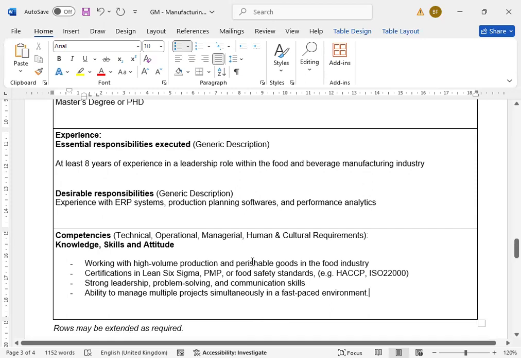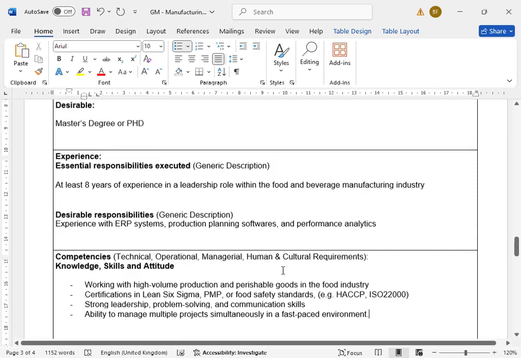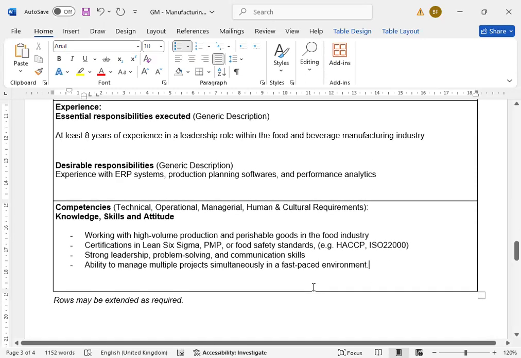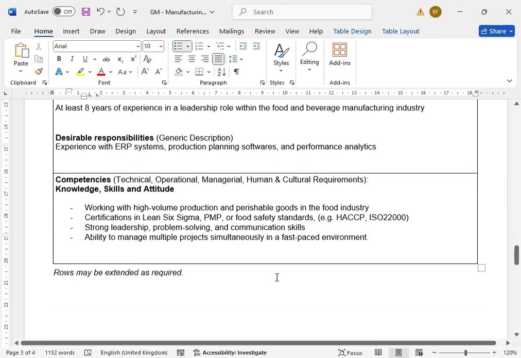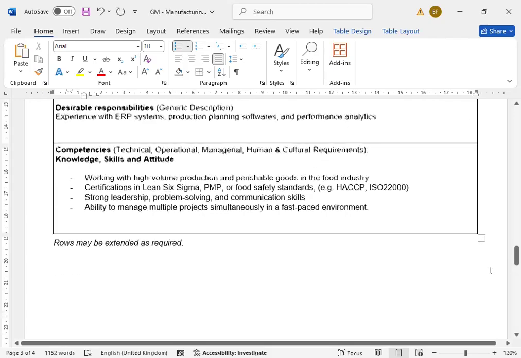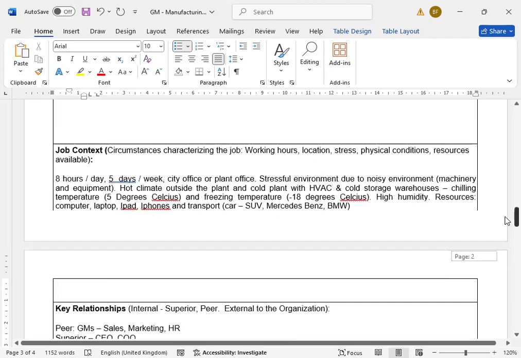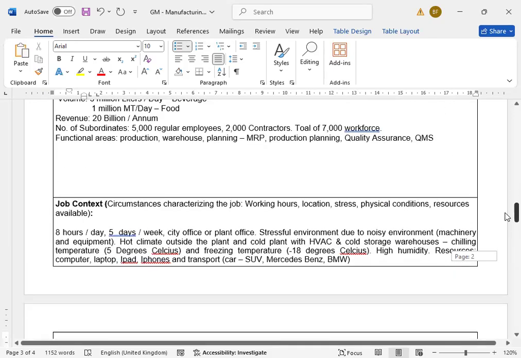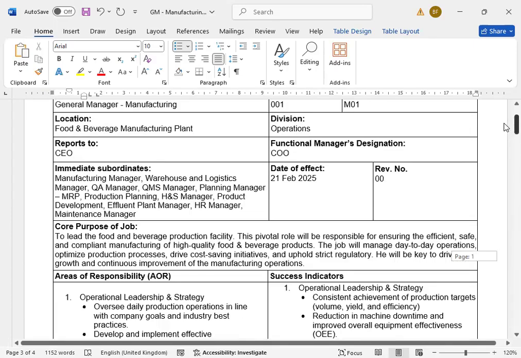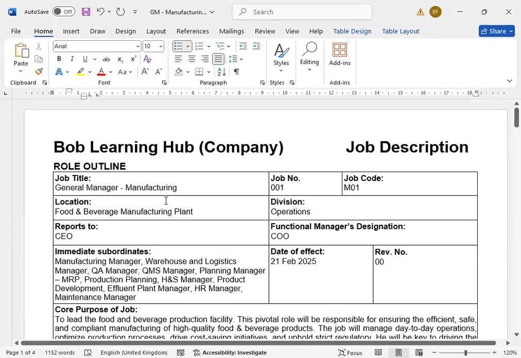Okay, that would be, I think, good enough. I think we'll be able to find this in the labor market, this role, general manager in manufacturing. Okay. And this is our job description. Now you can hire a new GM, general manager for manufacturing, food and beverage.